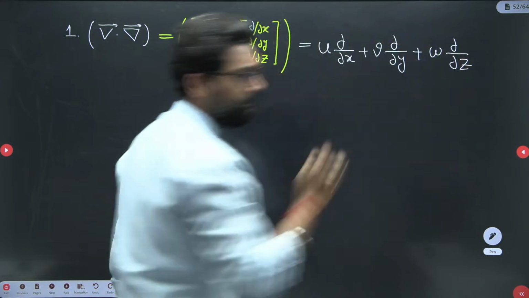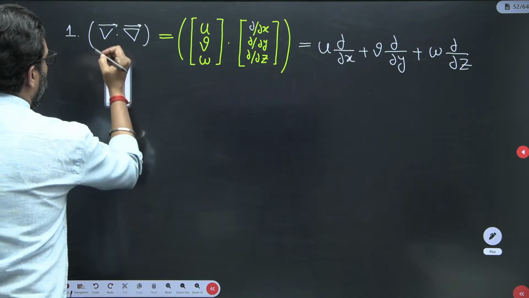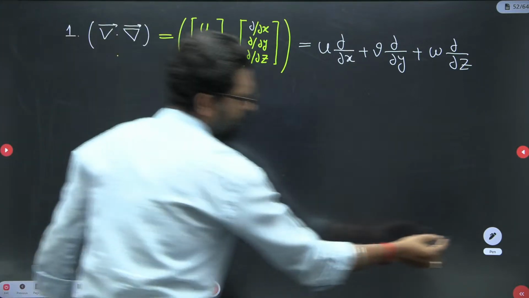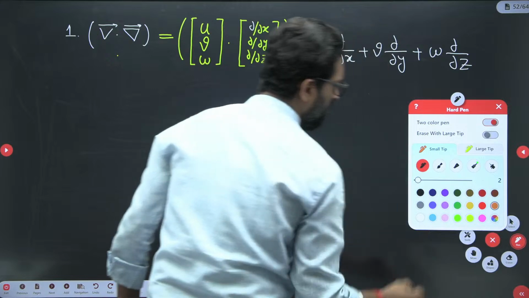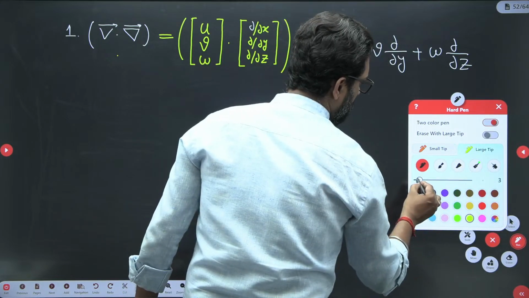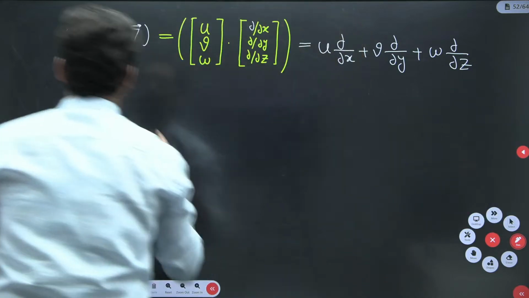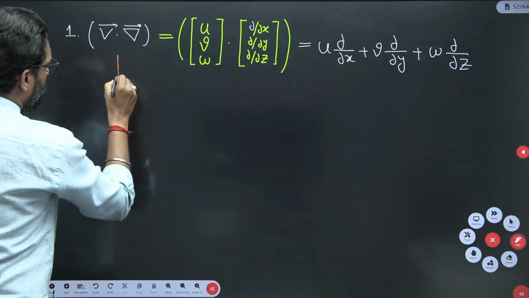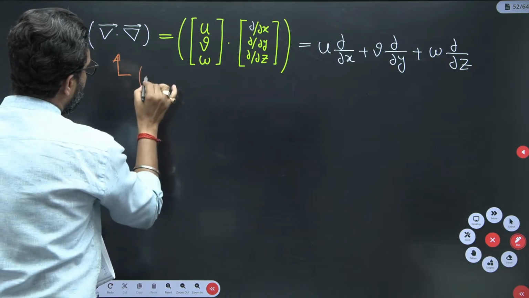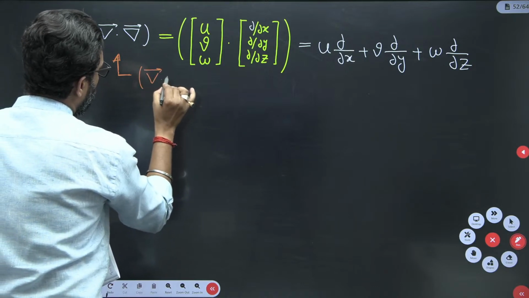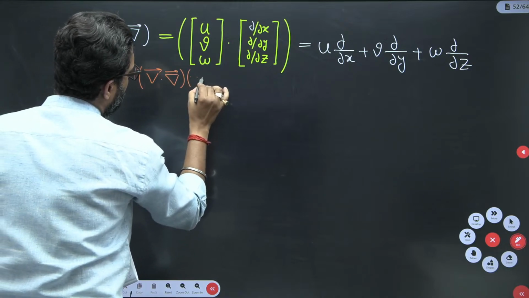So these are different things. This is very important, I am telling you. Okay, so what is this? Please see. This is V dot del of anything, yes or not?